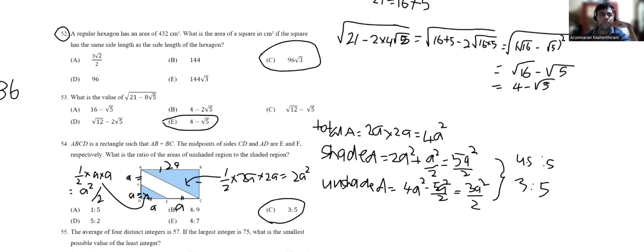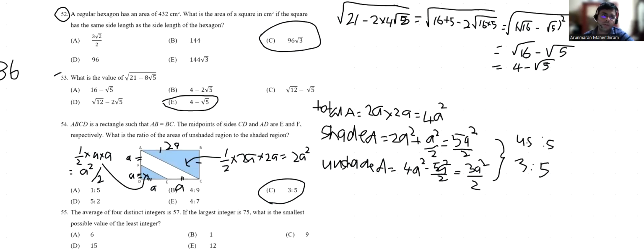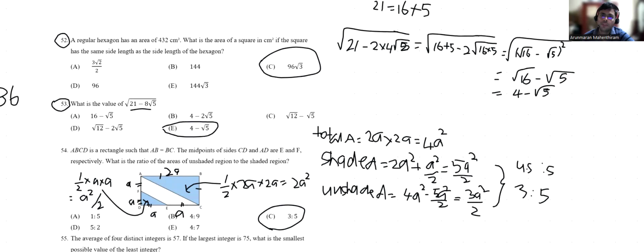Next is the 53rd question. What is the value of square root of 21 minus 8 root 5? So the idea is we are going to make this 8 as 2 into 4. 2 into 4 is 8. Then this 4 is taken inside the square root.